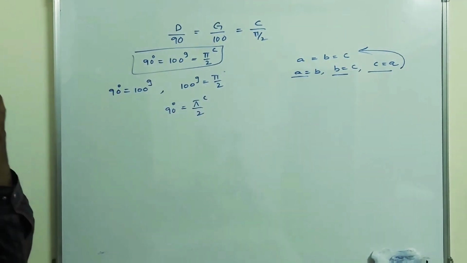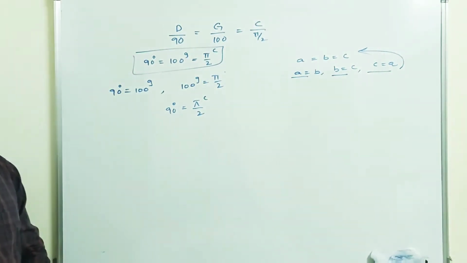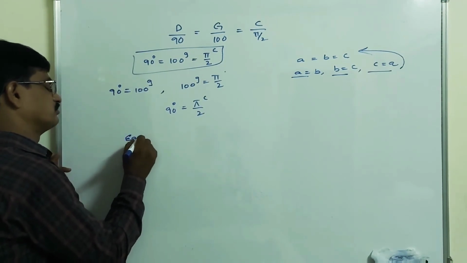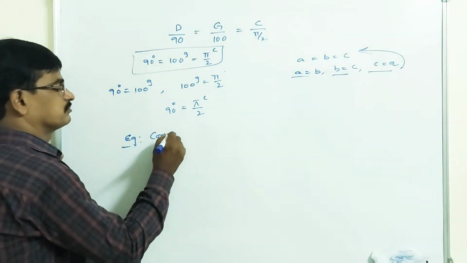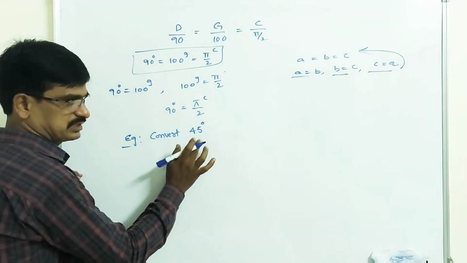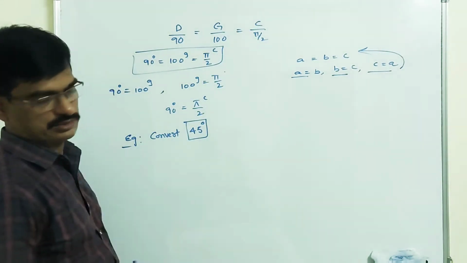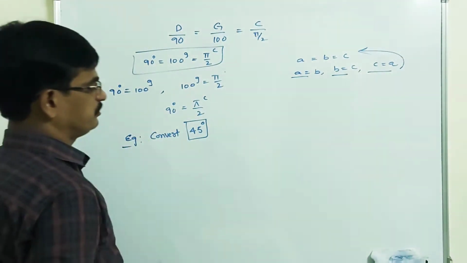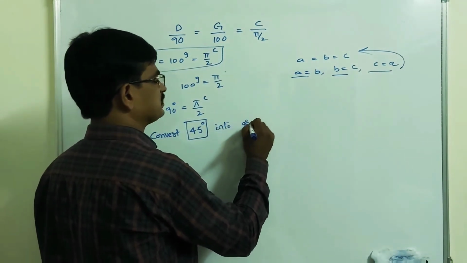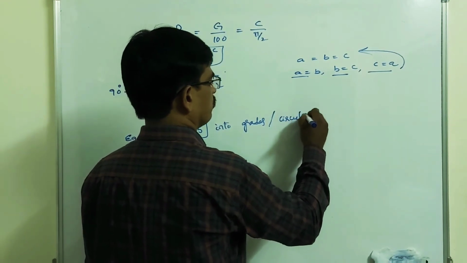While doing sums, we can use this kind of approach. For example, convert 45 degrees, which is in the sexagesimal system, into grades and circular measure.